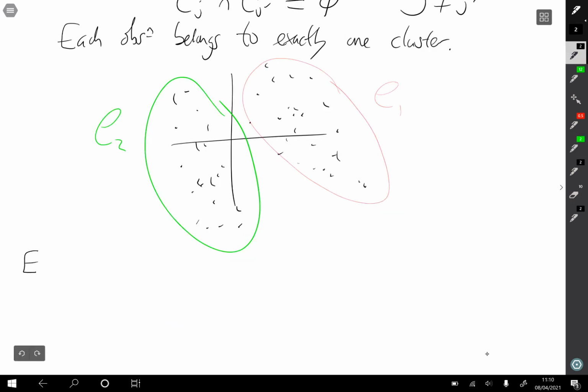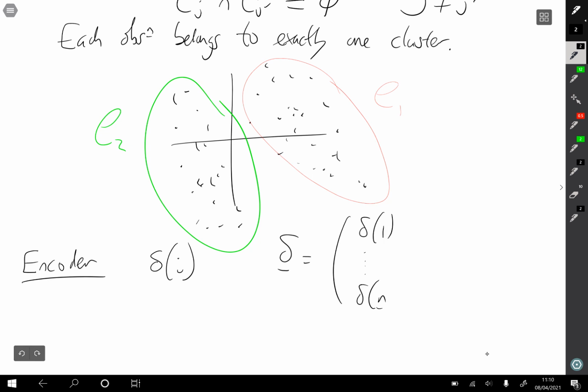We're going to define what we're going to call an encoder. So this is a function delta i, we can think of it as, or we might think of the vector delta 1 up to delta n.